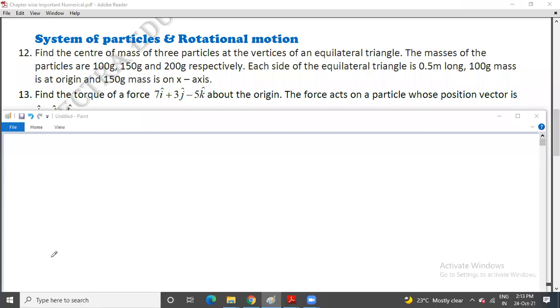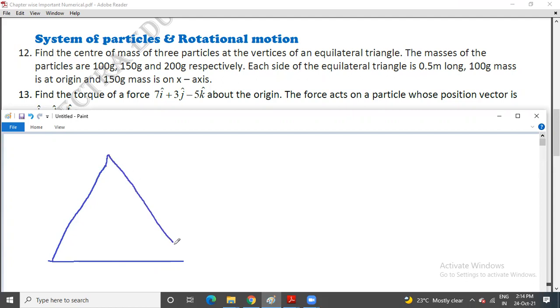Draw the diagram based on the question given. So here is the equilateral triangle. So this is the x-axis, and this will be the y-axis.